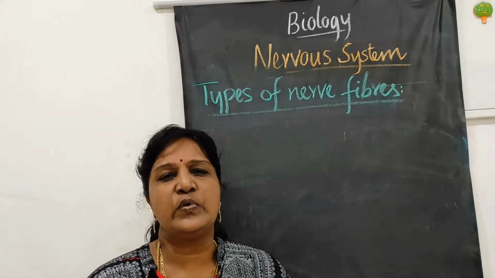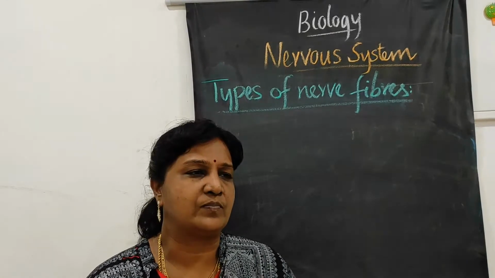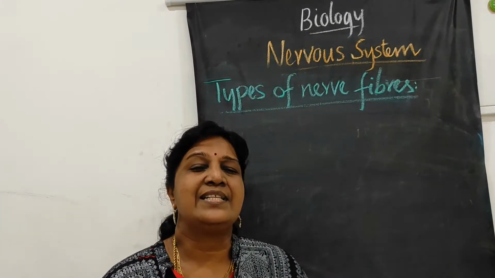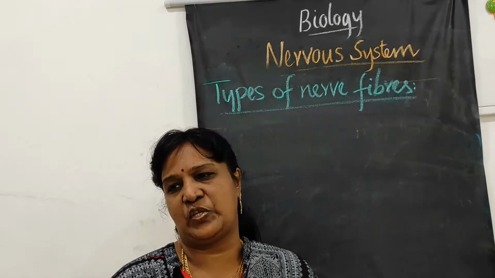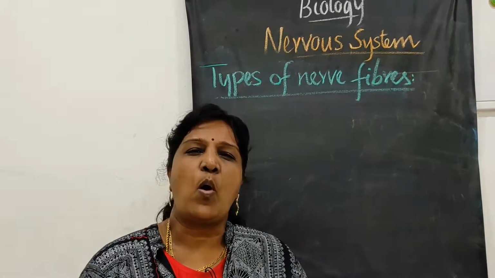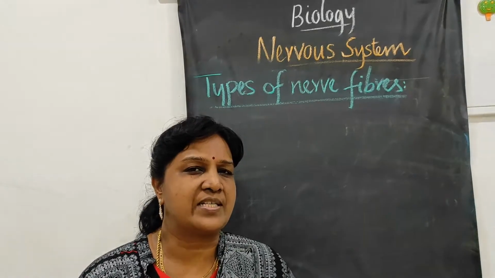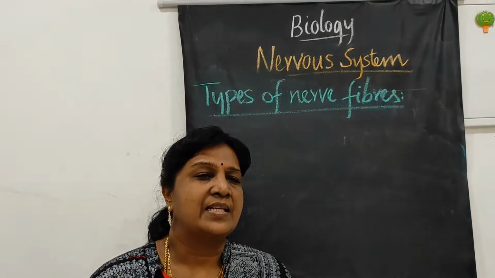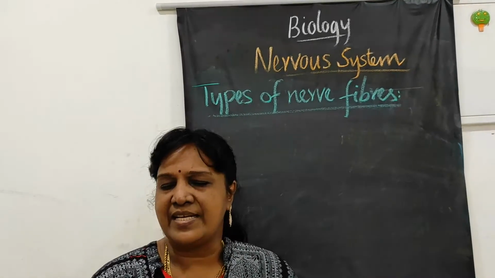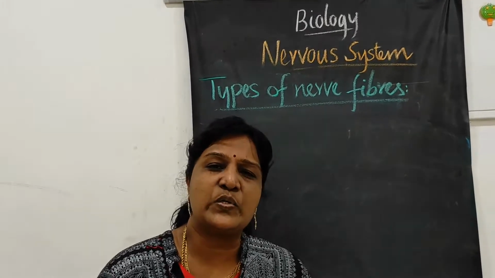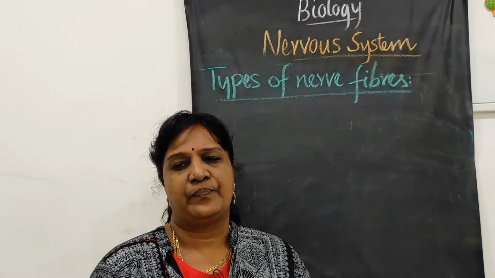And where are these unipolar neurons formed? Yes, they are seen in the embryonic tissue. Now, what are the types of neurons based on function? Yes, motor neuron, sensory neuron and association neuron.